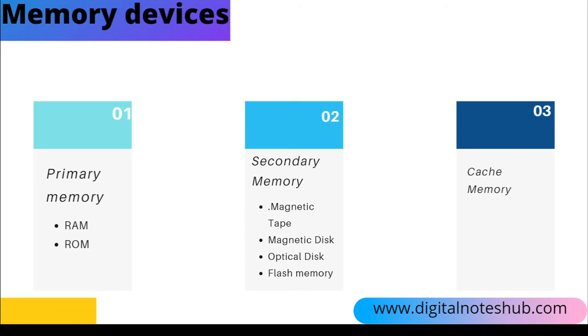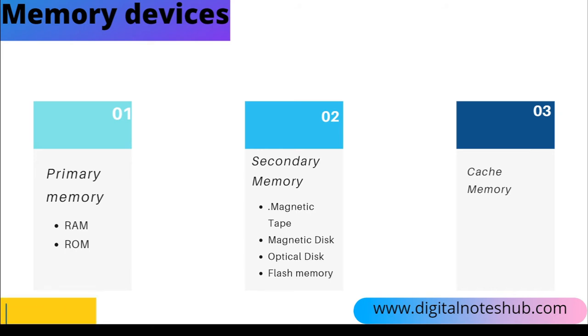Primary memory is also called main memory. Primary memory holds only those instructions on which the computer is currently working. Primary memory is divided into two parts: RAM, that is random access memory, and ROM, that is read only memory.